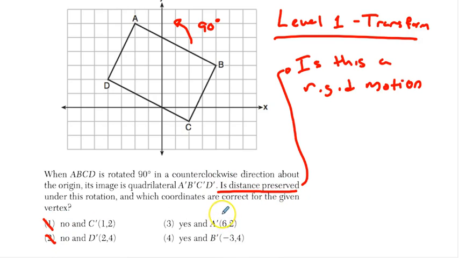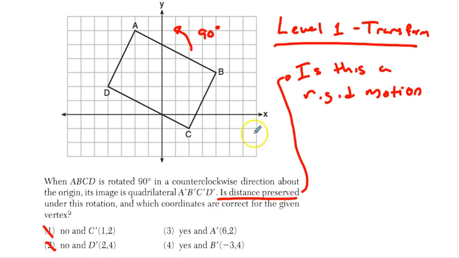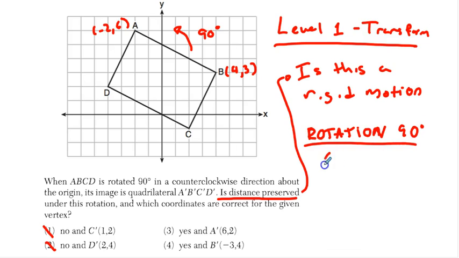And now we just got to figure out which point would be correctly rotated. So B is at 4, 3, and A is at -2, 6. Now, to do a rotation of 90 degrees, just to tell you the formula, it's (x, y) turns into (-y, x).